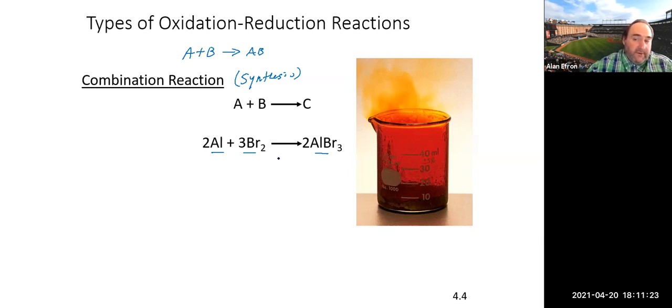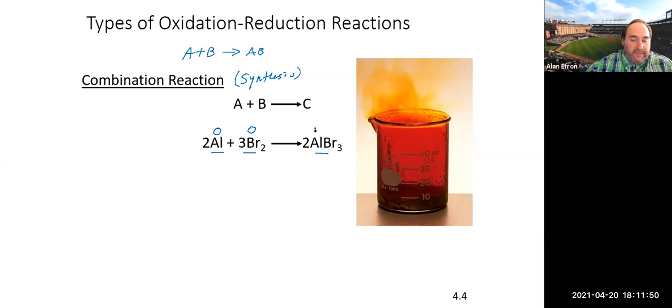This is also, as I mentioned earlier, a redox reaction. If we look at this, we have aluminum by itself, which means it has a 0 oxidation state. Br2 is naturally how bromine comes, uncombined, also with a 0 oxidation state. It's not until we get this ionic compound that aluminum gains a charge and bromine gains a charge.